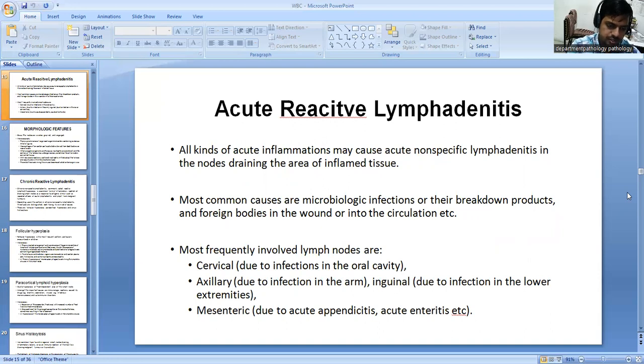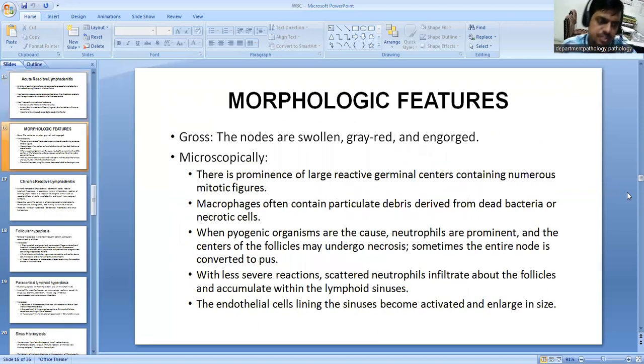The most frequently involved lymph nodes are cervical, due to infections in the oral cavity; axillary, due to infection in the arm; inguinal, due to infection in the lower extremities; and mesenteric, due to acute appendicitis. Morphological features: grossly the nodes are swollen, gray-red, and engorged.